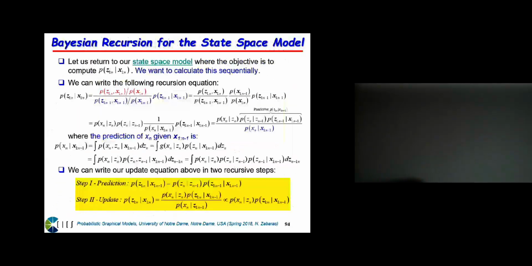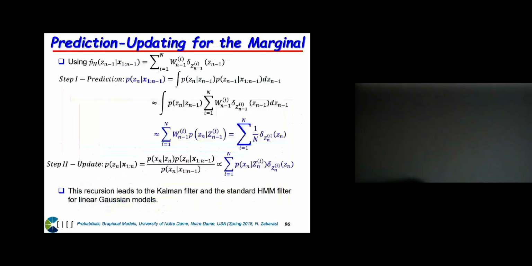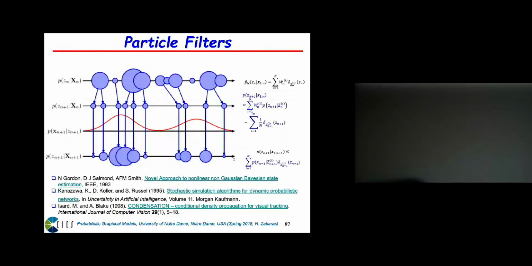Somewhere I had an update equation. What is it? Here. This is the prediction for one step ahead. The only thing you have to do is take this approximation in terms of particles and multiply this with the dynamical model P of Z_n given Z_{n-1}. So this is what I have done here. I compute the posterior of Z_{n+1}, still given only the data up to time n.